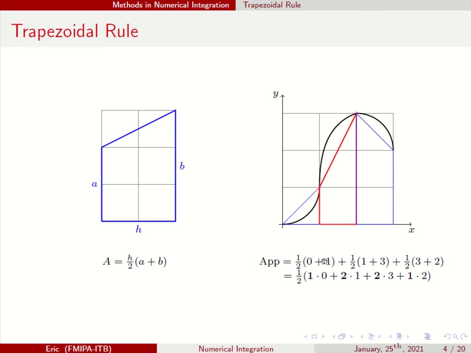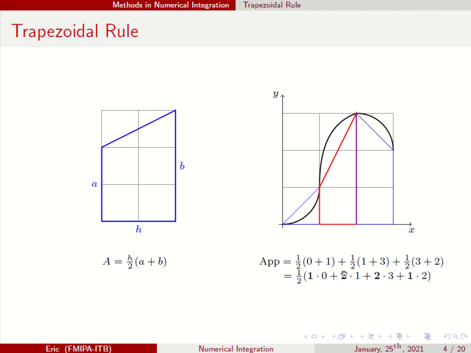You have a half times this plus a half times this plus a half times this. You know you have a half, a half, a half. I can use distributive. So I have 1 times 0 plus 1 plus 1, that is 2 times 1, plus 3 plus 3, that is 2 times 3, plus 2, that is 1 times 2. Remember this pattern: 1, 2, 2, 1.